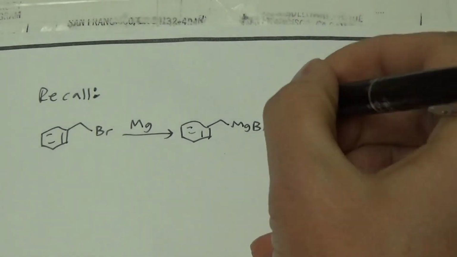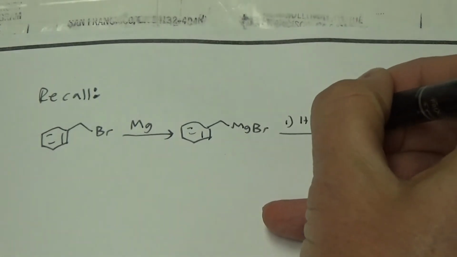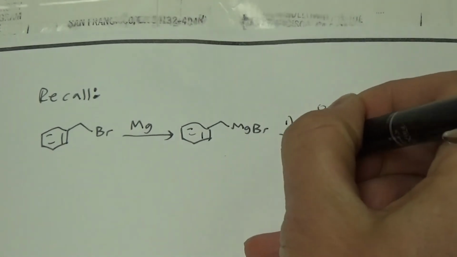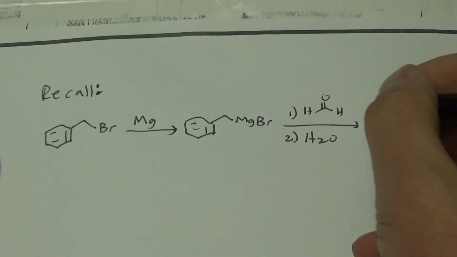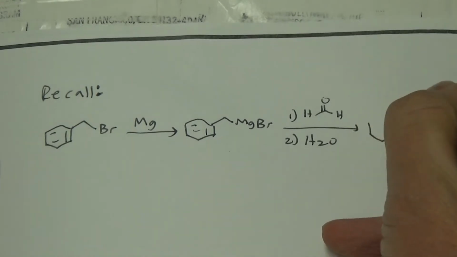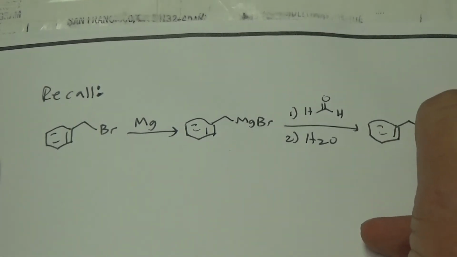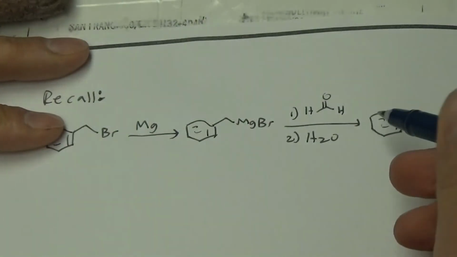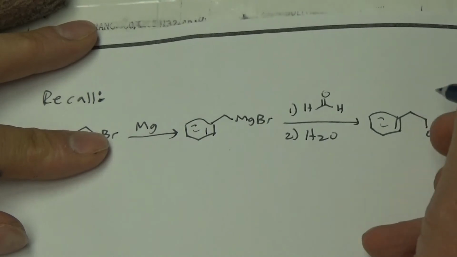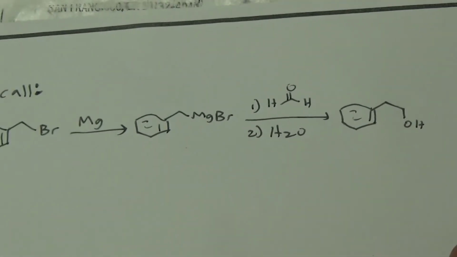What did we learn before? I don't know, we'll show formaldehyde, right? And of course, when you attack formaldehyde with a Grignard, you make a primary alcohol. I'm not going to show all the arrows because, well, actually I can. Yeah, we learned this in chapter 8, right?